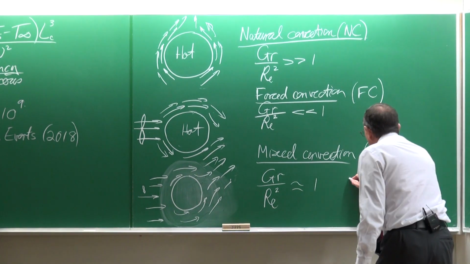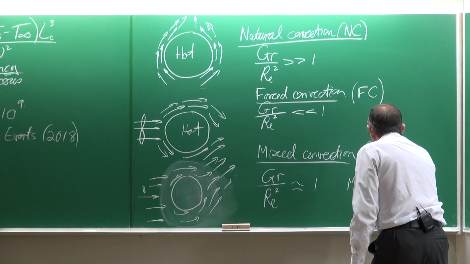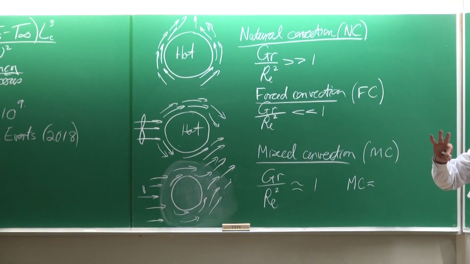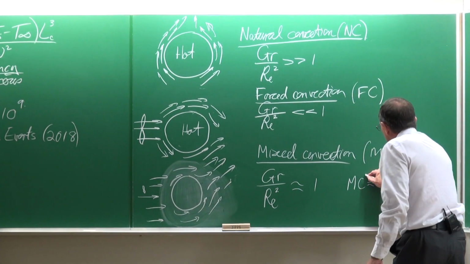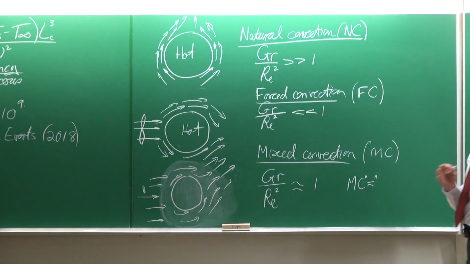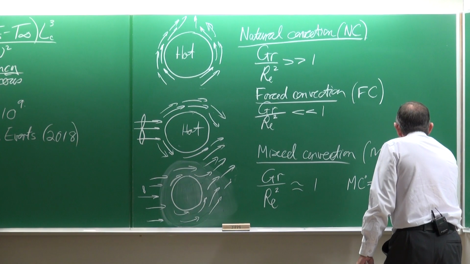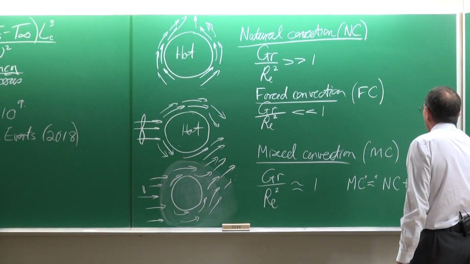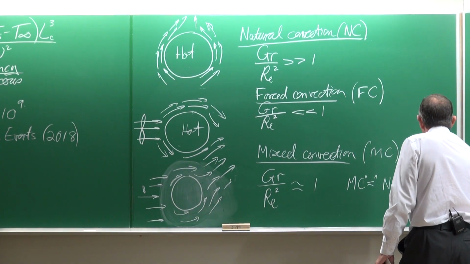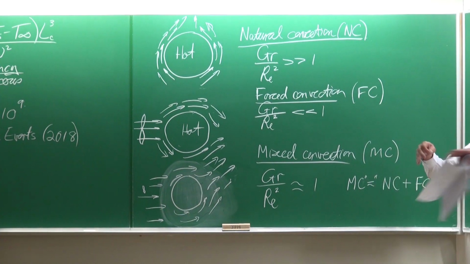So mixed convection, it's not really an equal sign, but in principle mixed convection is equal to natural convection plus forced convection, where both of these terms or any one of the two are not negligible.